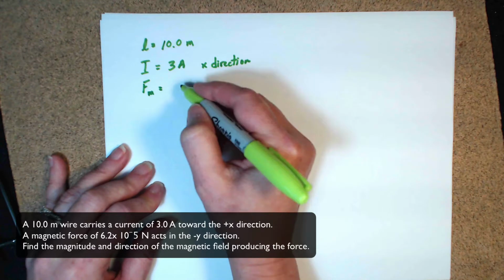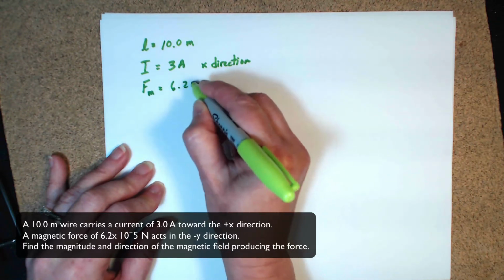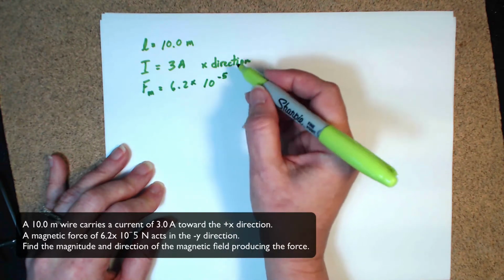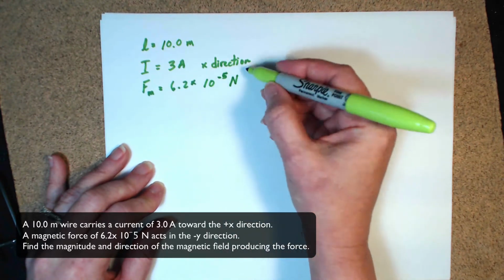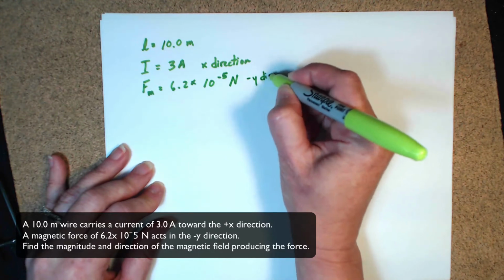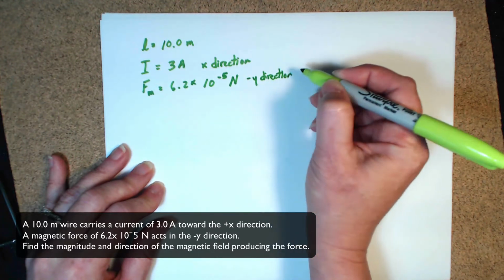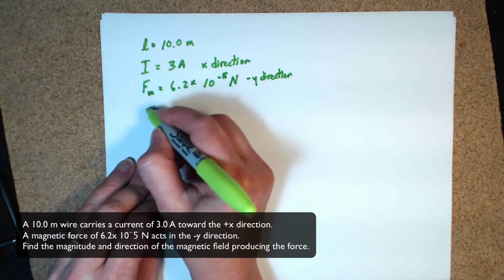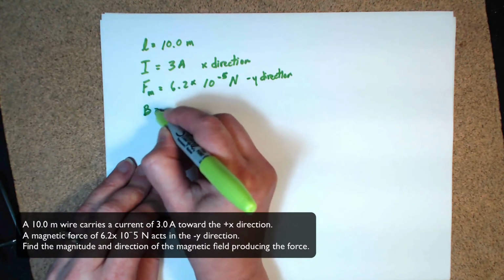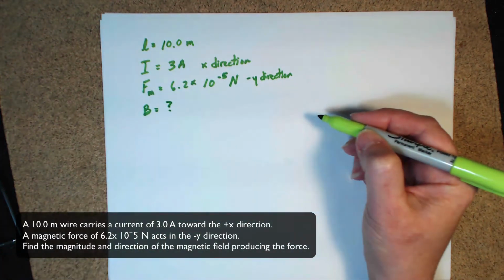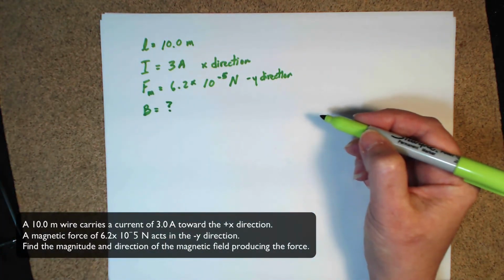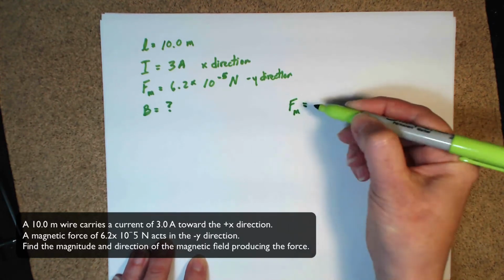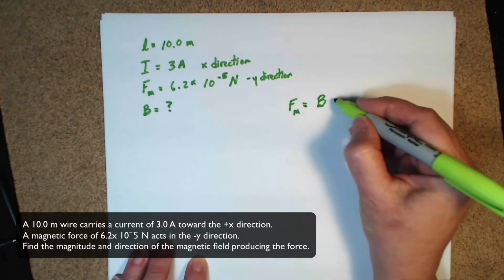We have a magnetic force that is 6.2 times 10 to the negative 5 newtons in the negative Y direction. We need to find the magnitude and direction of the magnetic field that's producing this particular force. Our formula for the magnetic force is equal to the magnetic field strength times the current times the length of the wire.